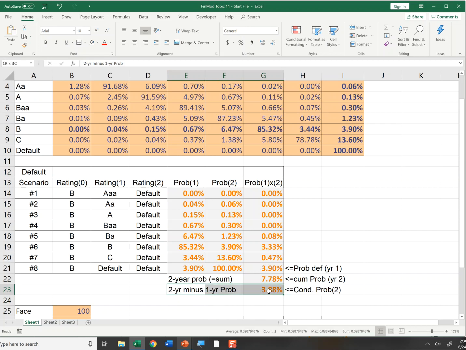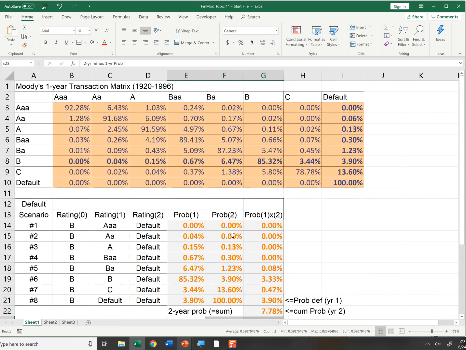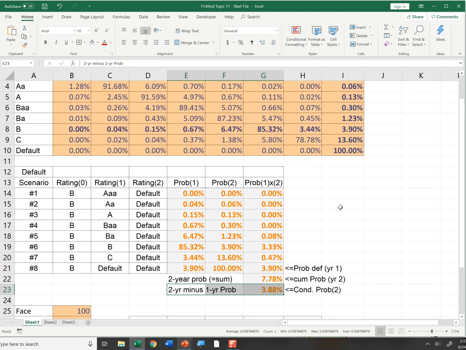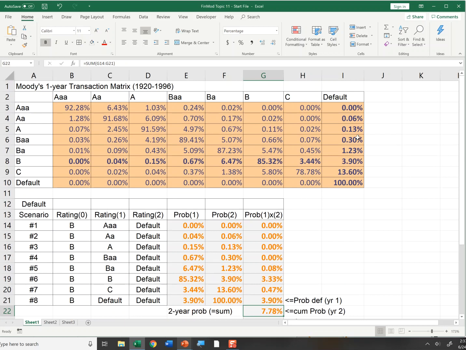If it survives year 1, there's a 3.88% chance, not 3.9, that it dies in year 2. And that's largely coming from the fact that there's a fair chance that it gets upgraded versus downgraded. Actually, for a B-rated bond, if we look at this data here, there are some pretty high probabilities that it does get upgraded. And if it does get upgraded, there's a very low chance of it going into default. So that's why this is a little bit less than just doubling the 3.9.